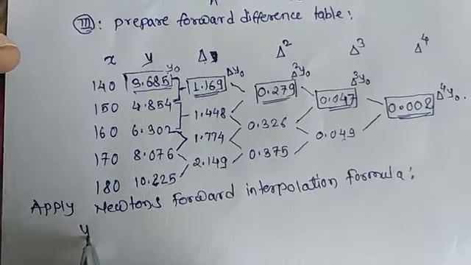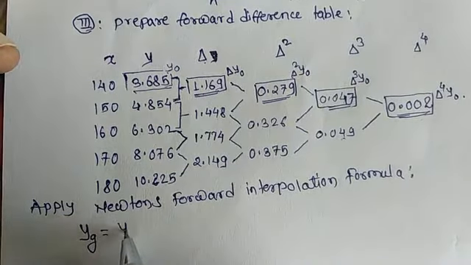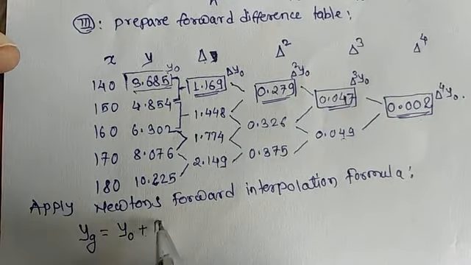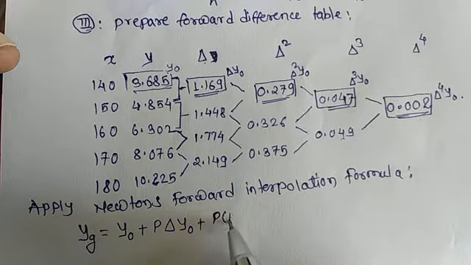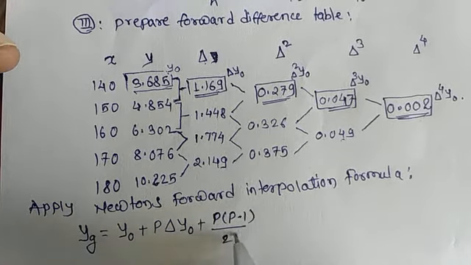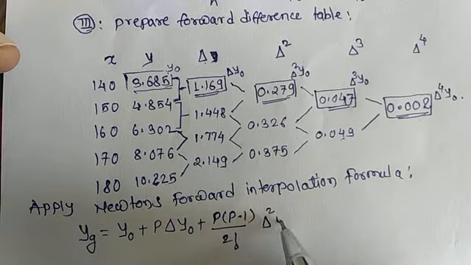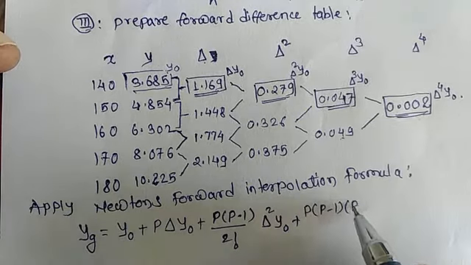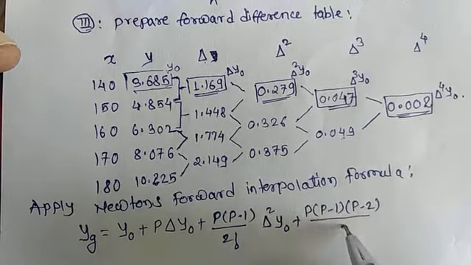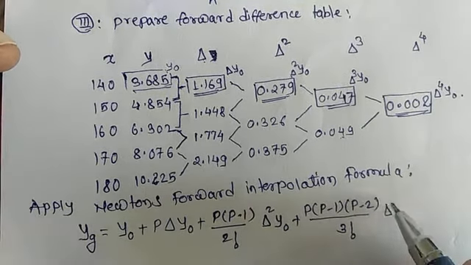So y_p is equal to y0 plus p del y0 plus, next term is p into (p minus 1) upon 2 factorial del square y0 plus, next is p into (p minus 1) into (p minus 2) upon 3 factorial into del cube y0.